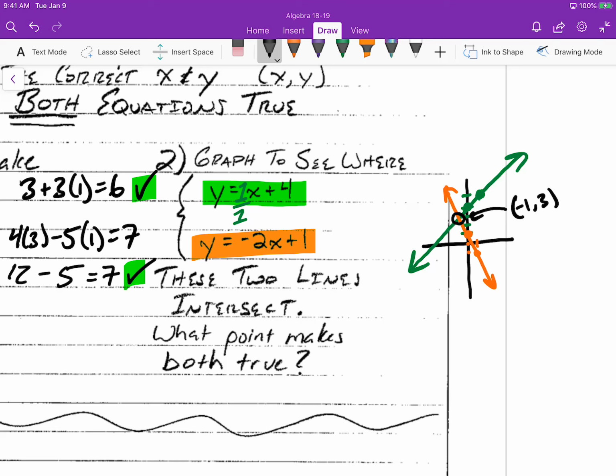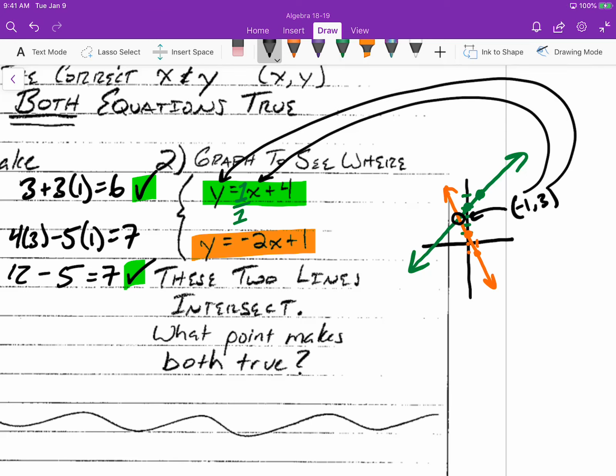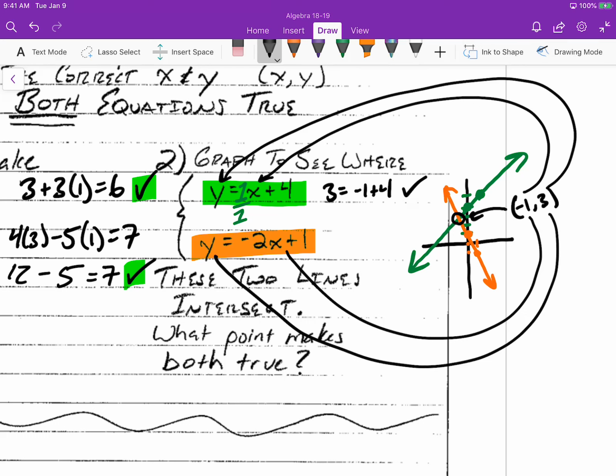Of course, we could plug it in to double check. So if I just drop the negative 1 in for x and the 3 in for y. Does 3 equal negative 1 plus 4? Well, yes it does. And then if I plug it in there, does 3 equal negative 2 times negative 1, sorry, negative 1, which would be a positive 2, plus 1?